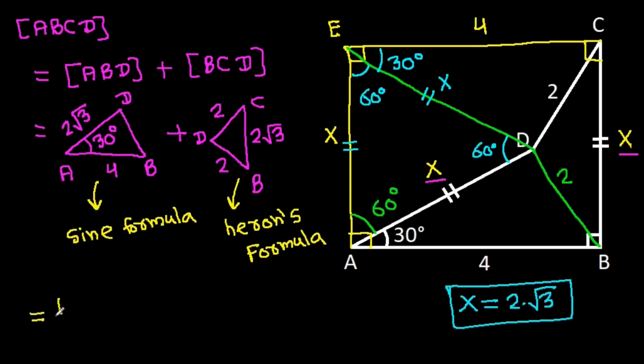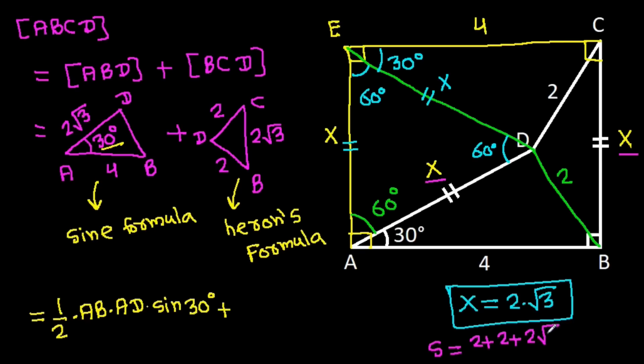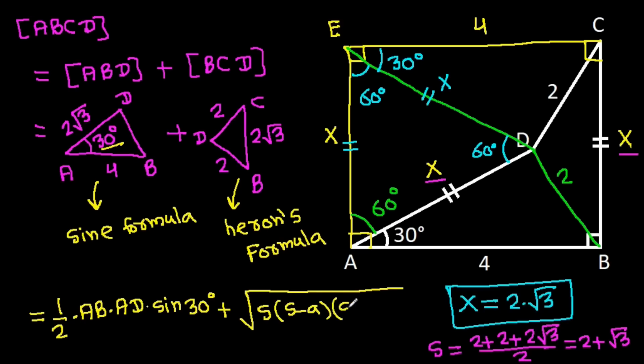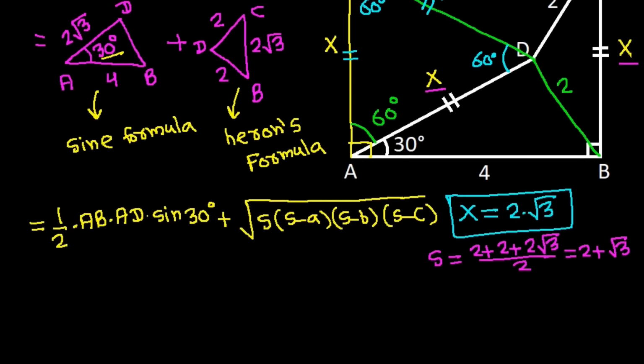So this area will be 1 by 2 times AB times AD times sine of the angle, which is 30 degrees, plus, and here S will be (2 plus 2 plus 2 times square root of 3) by 2, that will be 2 plus square root of 3, and area will be square root of S times (S minus A) times (S minus B) times (S minus C), where A is 2, B is 2, and C is 2 times square root of 3.